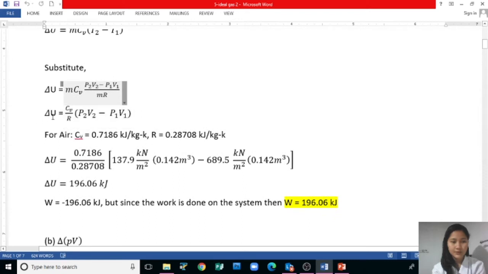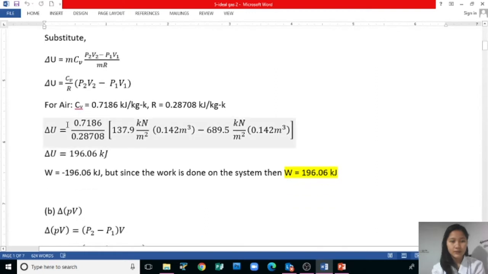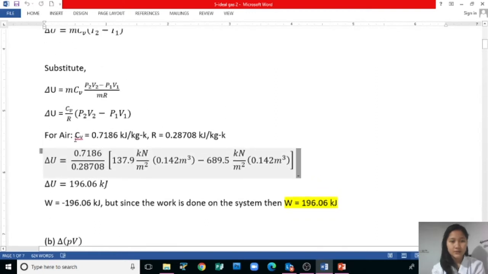Now simplifying the equation, the mass could be cancelled, and the remaining would be the CV, or the specific heat, divided by the specific gas constant, multiplied by the P2V2 minus the P1V1.